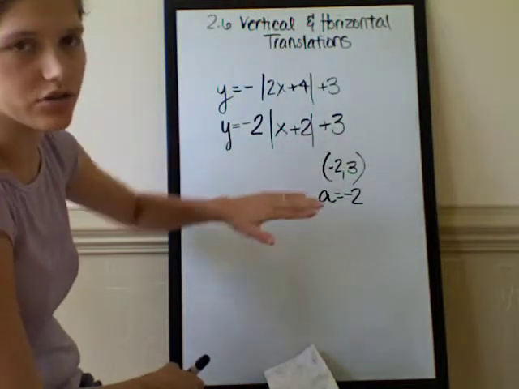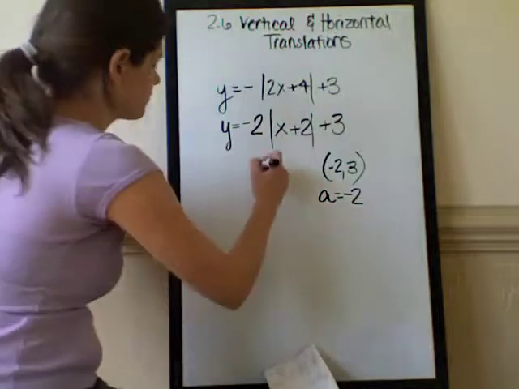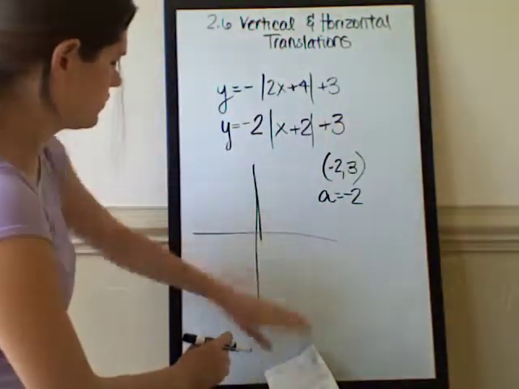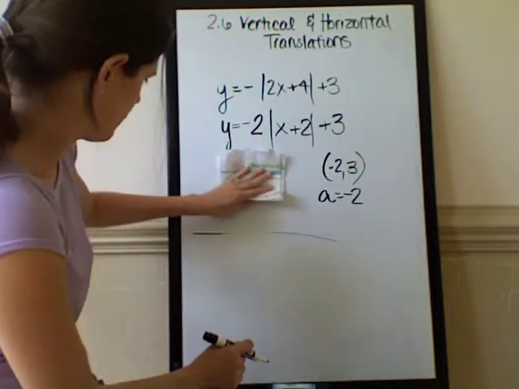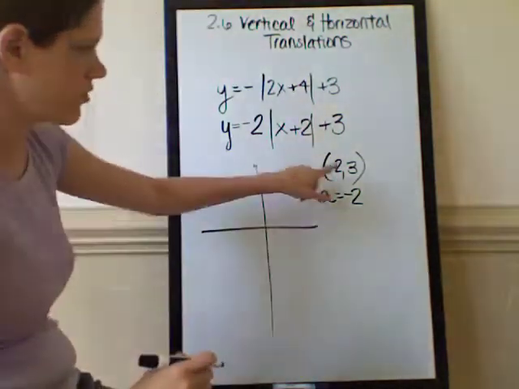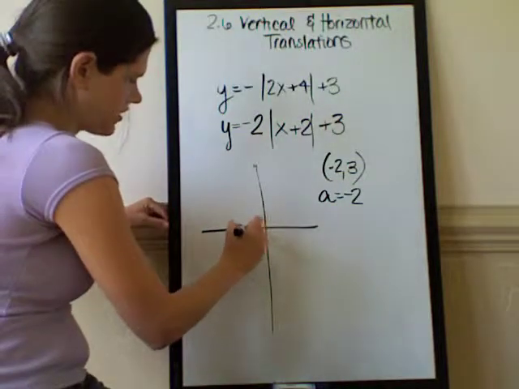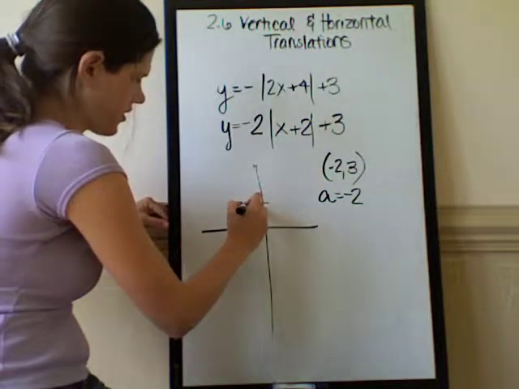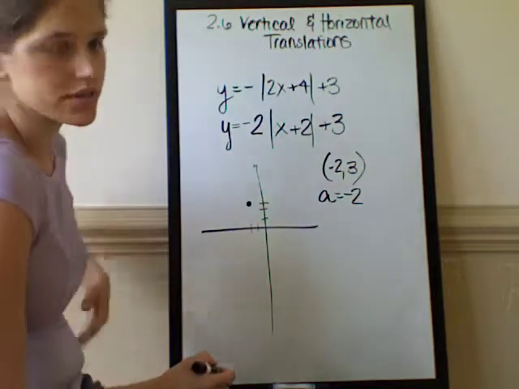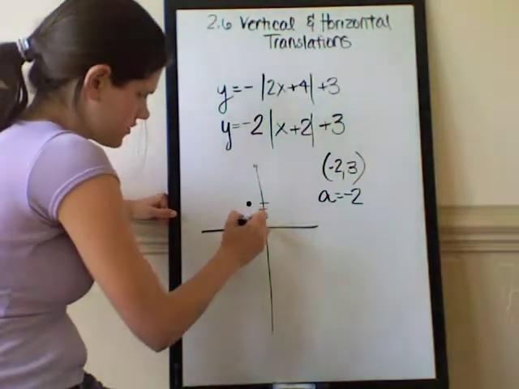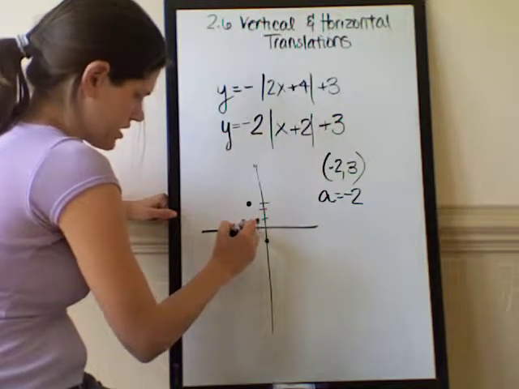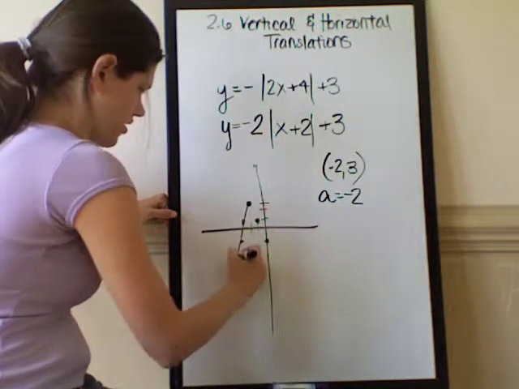So we've got every kind of translation here. Alright, so graphing my vertex, negative 2, positive 3. Alright, I'm going down 2 over 1, because it's a negative 2. So down 2 over 1. So I can see it's narrow.